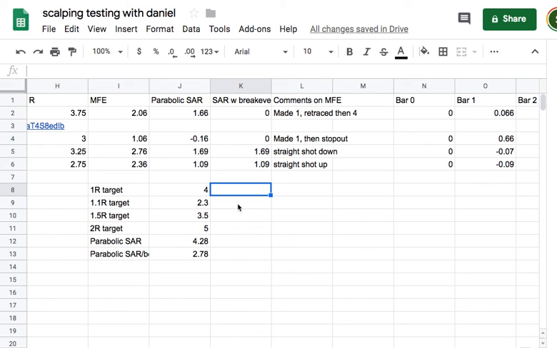So you probably don't want to take your best one, especially if it's extreme parameters. You want to take the result where your parameters are mostly good. So I wouldn't take the 2R target here, even if the results were substantially better.